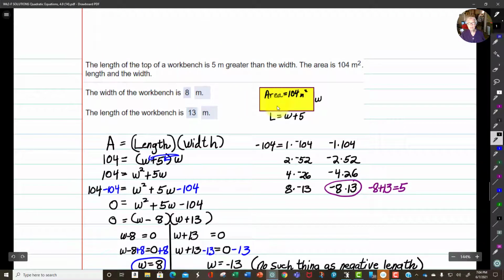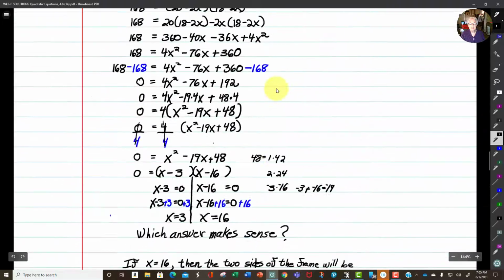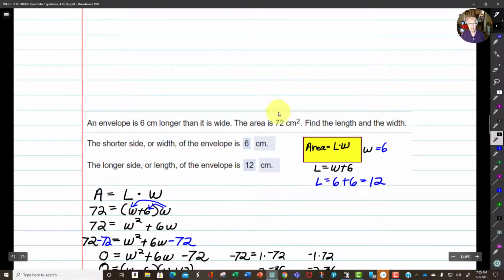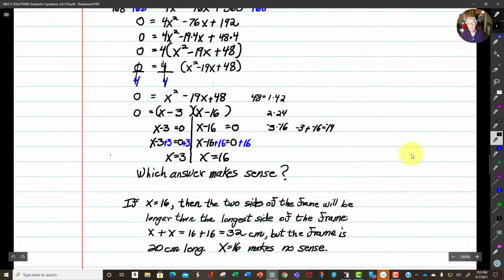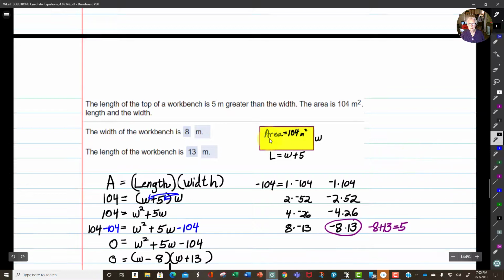Now, here's a problem just like this first problem. You've got a rectangle, you're given the area. Area is length times width. Here you're told that the top of a workbench, the length of the top of the workbench is 5 meters greater than the width.